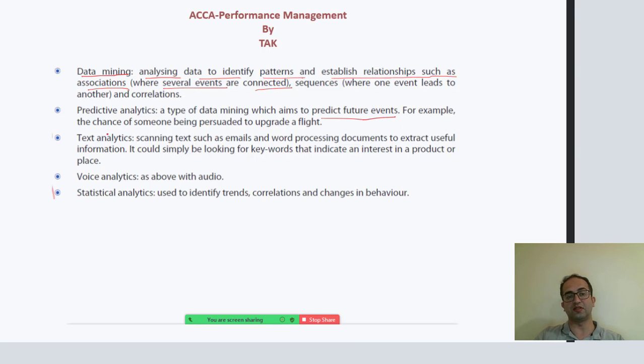Predictive analytics is a type of data mining which aims to predict future events, for example, the chance of someone being persuaded to upgrade a flight. It's a predictive event in the sense that it's a sort of analytics that tackles behavior.